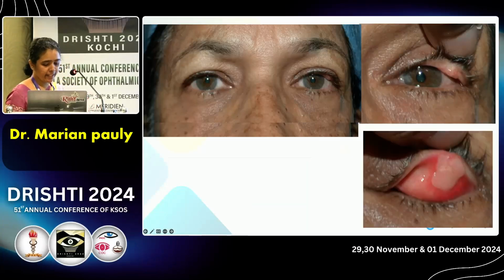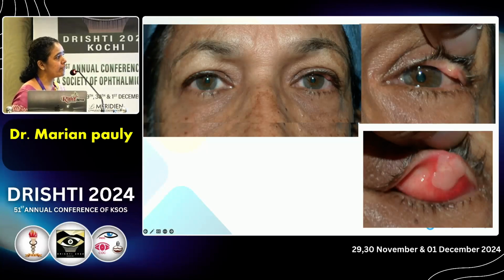This is another case. If you look on tarsal lid examination, there is just a small thickening, but no definite loss of lashes, so you can be really mistaken for some benign pathology. But whenever you see lid lesions, especially lid margin lesions, evert the lid and see.